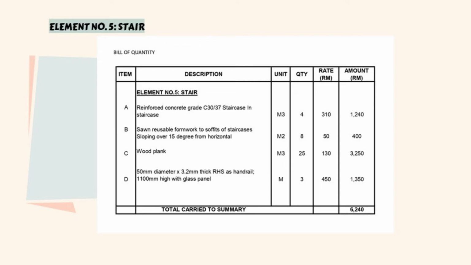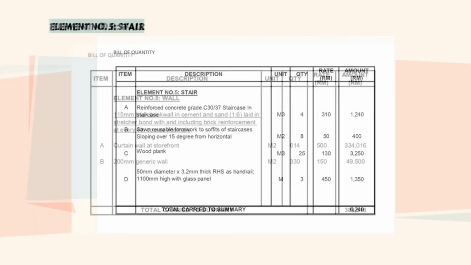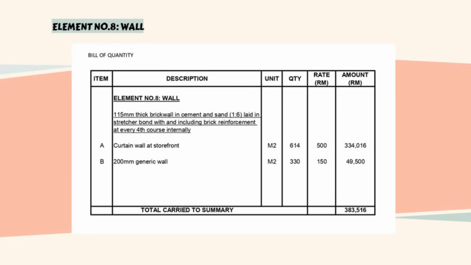We also use the handrail RHS as handrail with the glass panel, and this handrail costs us around 1,350 ringgit. So the total amount for the element number 5 stair is 6,240 ringgit.